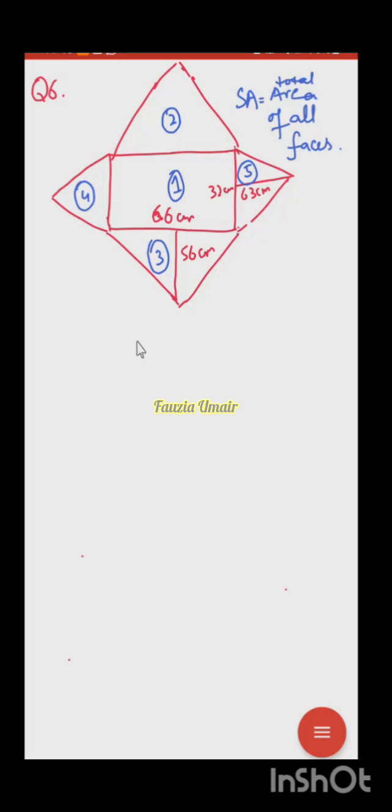So first we find the area of the base. What is the formula for the area of a rectangle? Length multiplied by breadth. 66 multiplied by 32 is 2112 centimeter square.